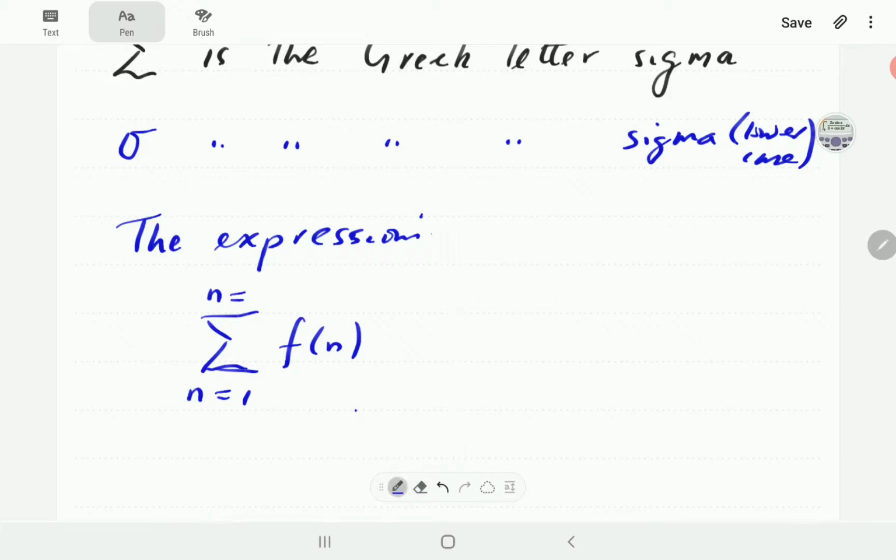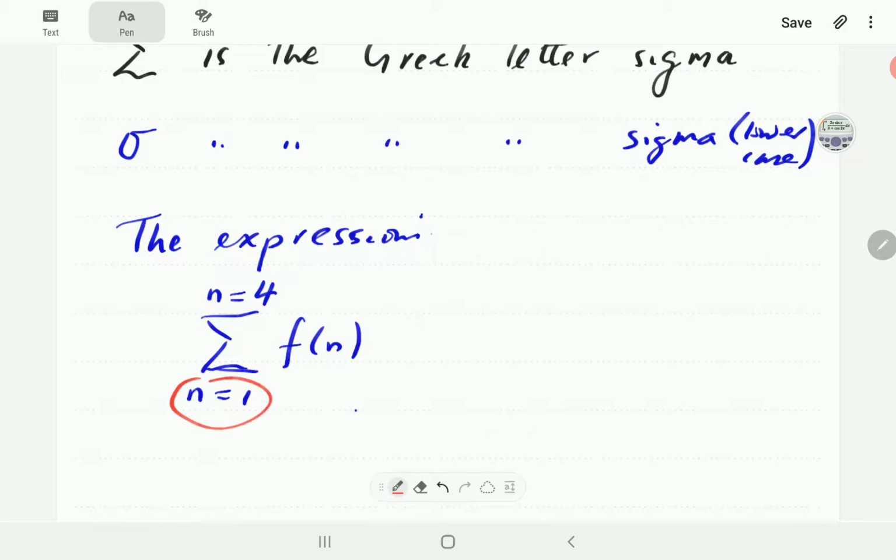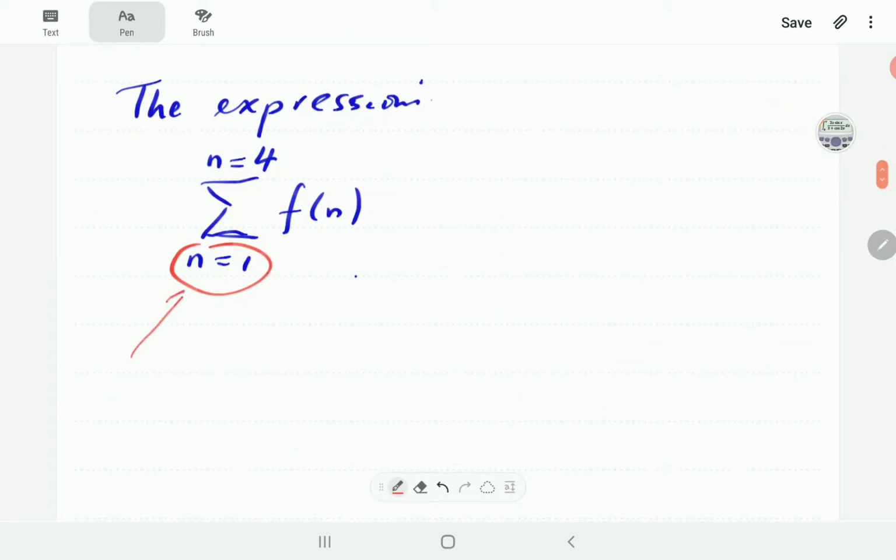Maybe let me just change this to n equals to 4. The n equals 1 is called the lower summation limit, or just the lower limit.